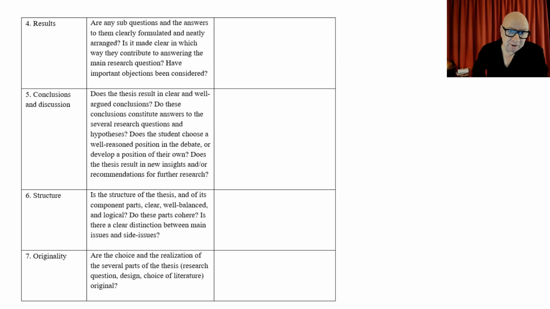Make sure you have a very good structure. This is something you could discuss before you start writing your thesis. Make sure that your supervisor and you are in agreement on what you are going to do in chapter 1, in chapter 2, in chapter 3, etc., and how they relate to each other.